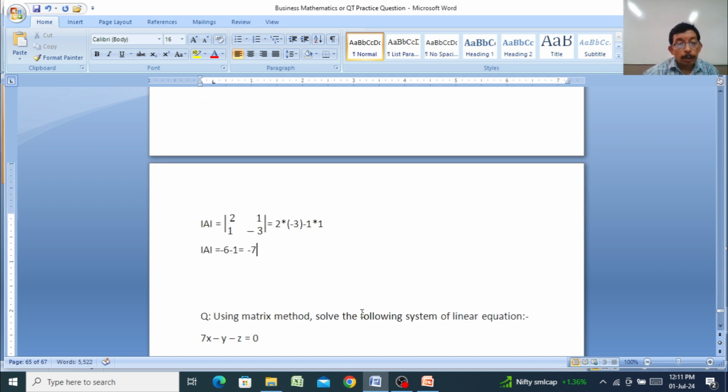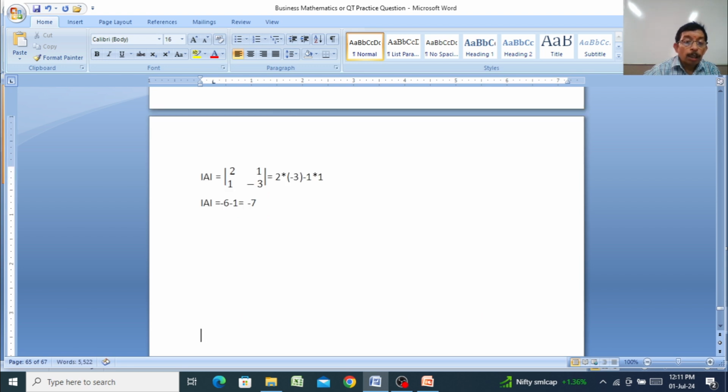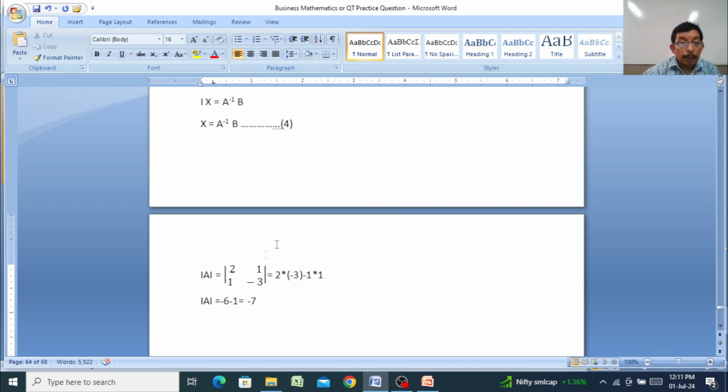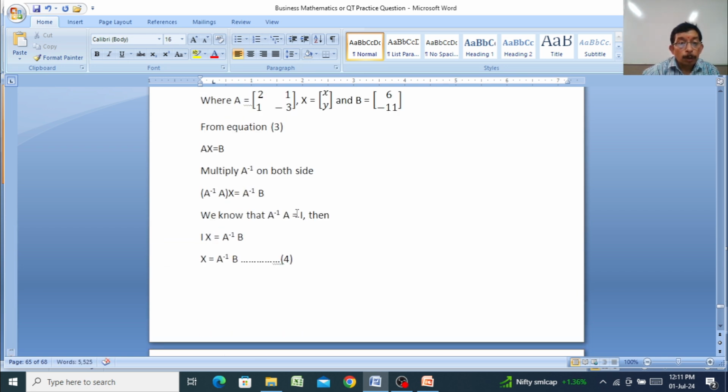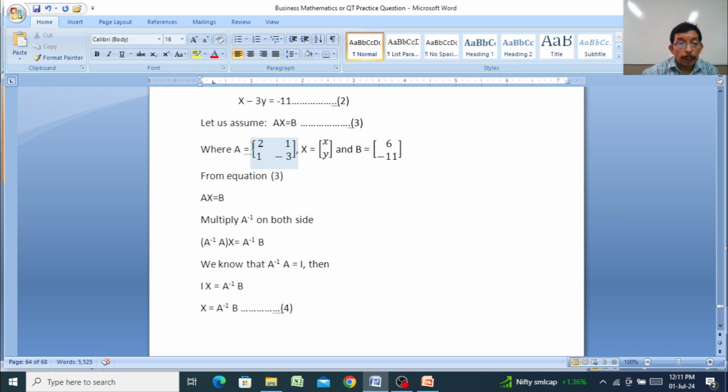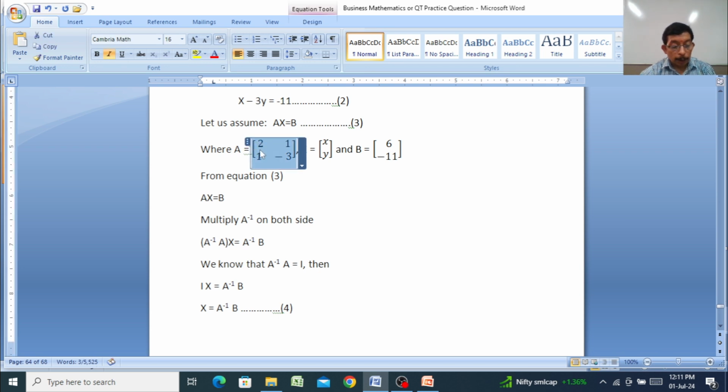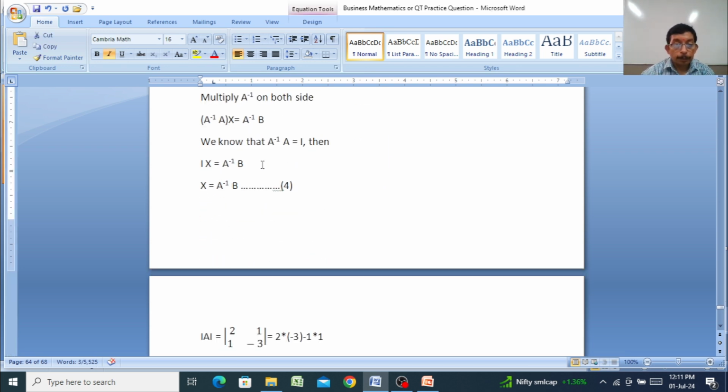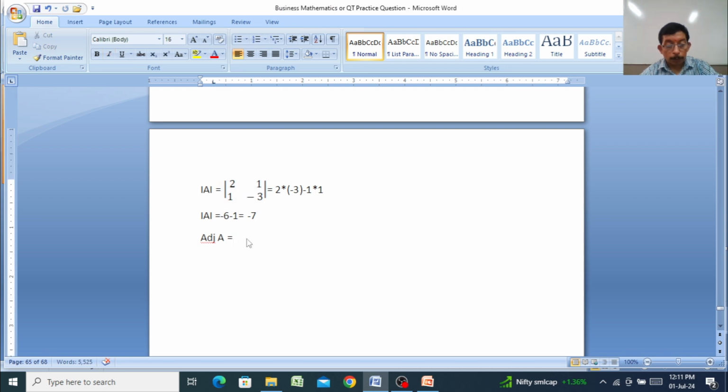Is it clear, everyone? Now we calculate the cofactor matrix of A, the adjoint of A. Adjoint A is equal to the matrix of cofactors of the given matrix A. Now we interchange the main diagonal elements.